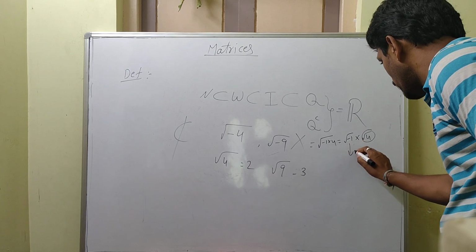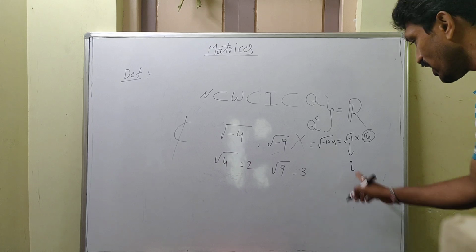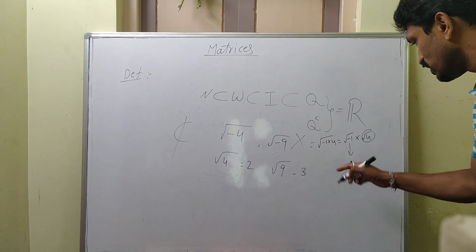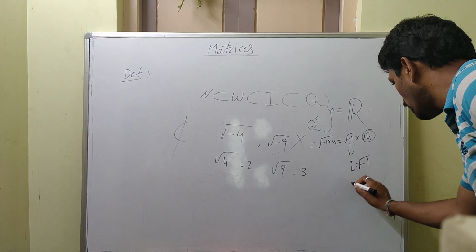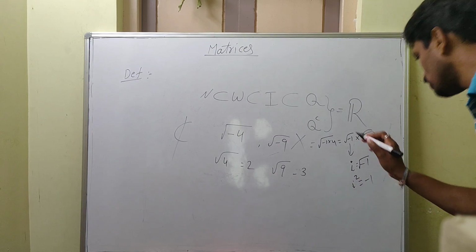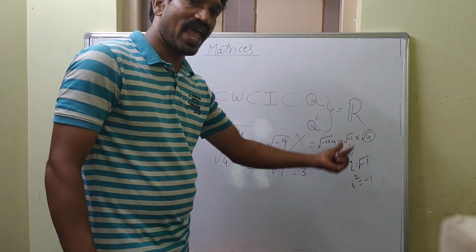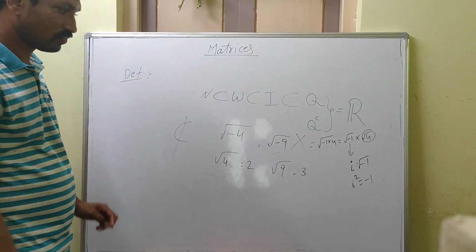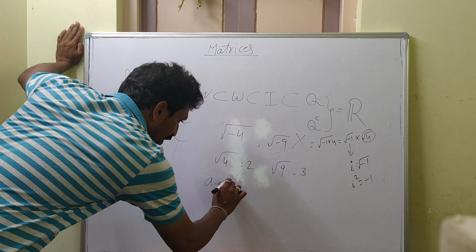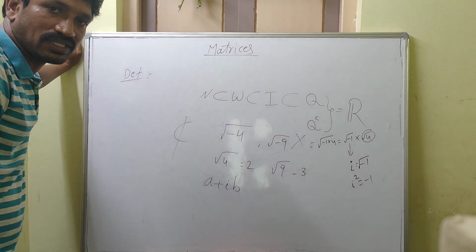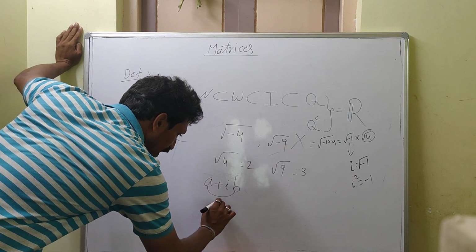So that's why they introduced this as iota, shortly i. This is nothing but imaginary. So i is equal to root over minus 1, or i square is equal to minus 1. So from now, the real number system is extended to complex numbers. Complex numbers are in the form of a plus ib, where a, b are real numbers.